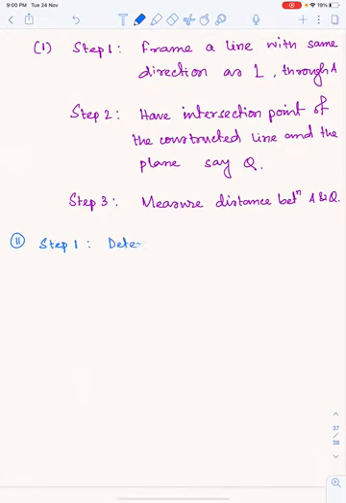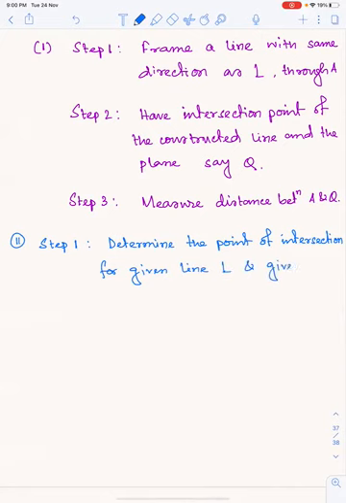Determine the point of intersection for the given line L and the given plane P equals 0.